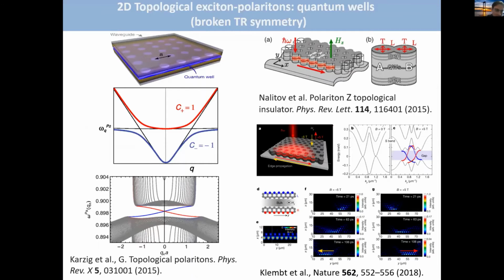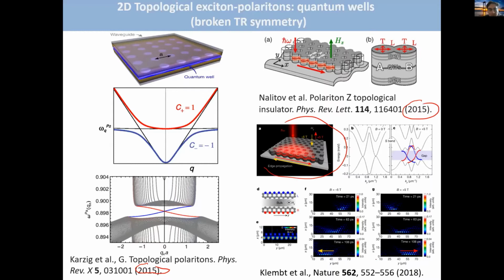The original works proposing theoretically the concept of topological polaritonics date back to 2015, and only recently was it shown experimentally that two-dimensional quantum wells patterned on the nanoscale to form photonic crystals can support topological exciton polaritons, and topologically robust edge transport has been demonstrated.